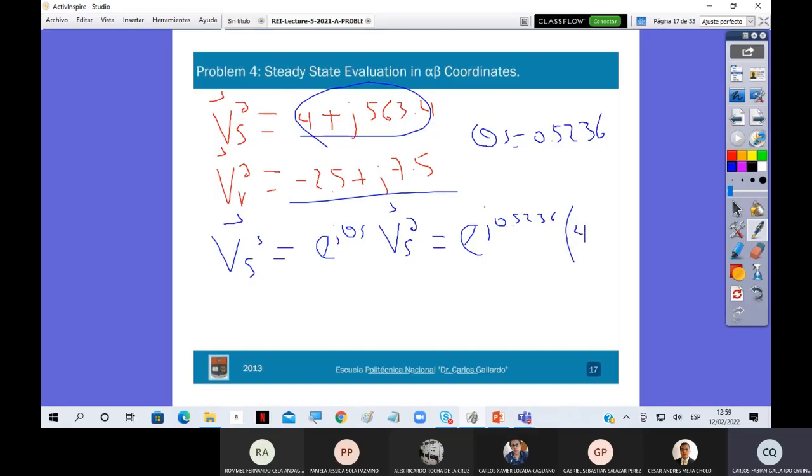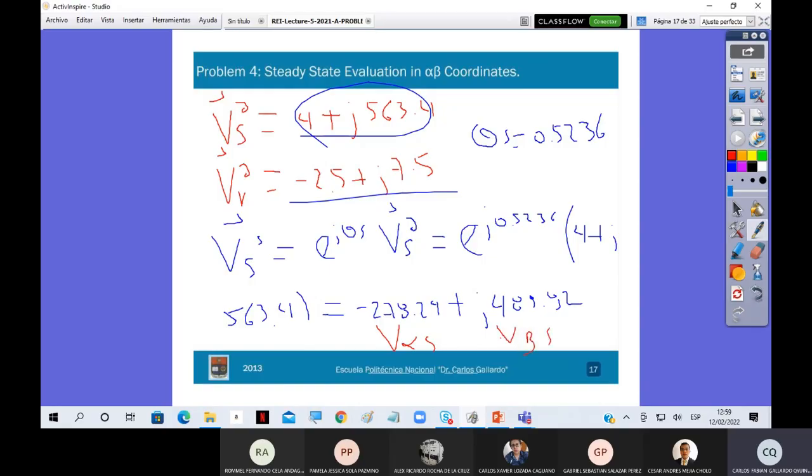So I will have 4 plus j 563.4, and this is equal to negative 278.24 plus j 489.92. Okay, so this is the alpha coordinates, and this is the beta coordinates.